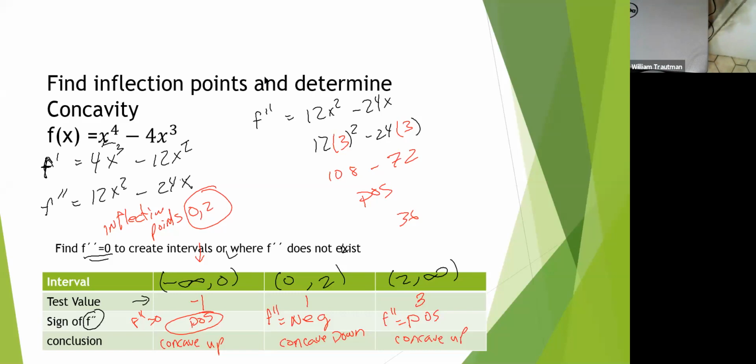X raised to the 4th power minus 4x raised to the 3rd power. Uh-oh, I typed in something wrong. Hang on. To the 3rd power.